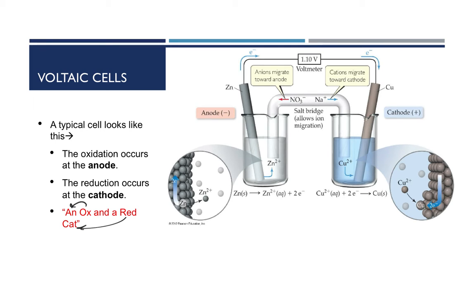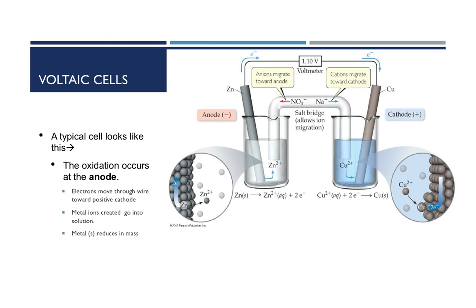So here's our cell. Let's break it down one thing at a time. Here's our anode side, where the oxidation happens. In this particular situation, we have a zinc metal bar and a solution that has zinc ions in it.